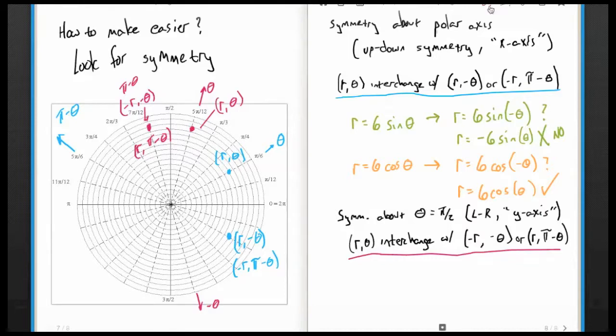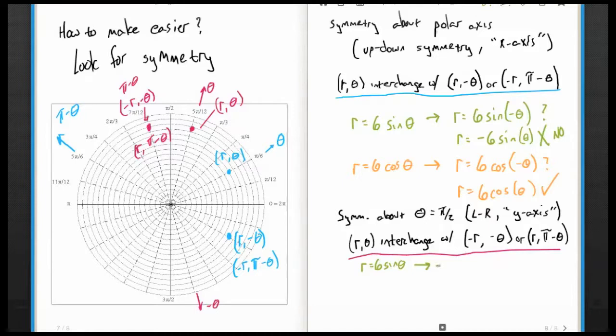Well, let's do our same tests. Let's check r equals 6 sine theta, and that should give me, let's see, I'm going to swap out r for negative r and theta for negative theta.